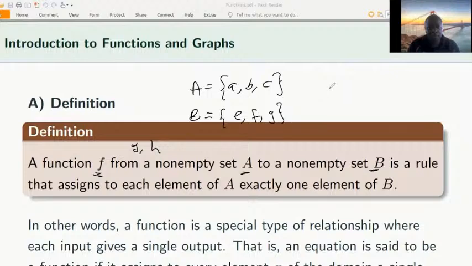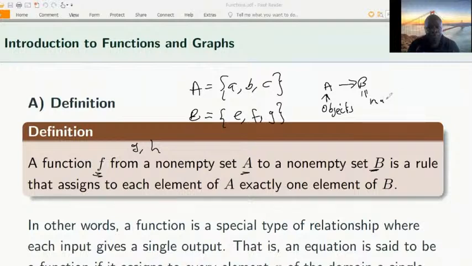Now, if we are assigning from A to B, then the elements in set A we shall refer to as objects. For instance, a, b, c here will be objects, and the elements in B we shall refer to as images.